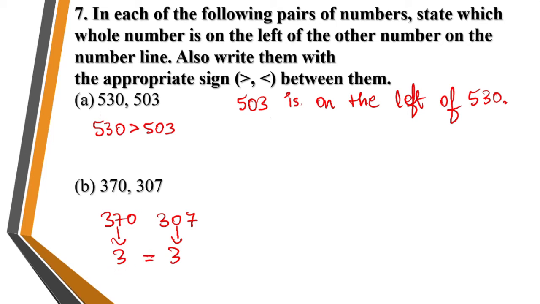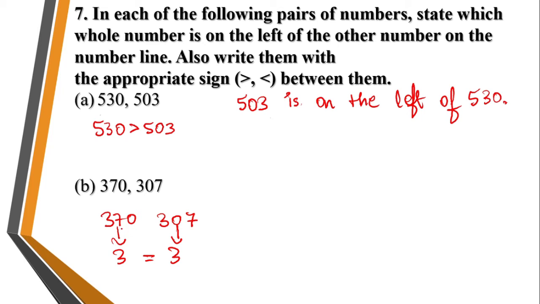So 3 and 3 are equal, right? Now what we should do is compare the leftmost digit. So in the first number the leftmost digit is 3. And in the second number the leftmost digit is 3 only, right? Now if we compare 3 and 3, they will obviously be equal, right? Now if the leftmost digit is equal, we should compare the next digit from the left.